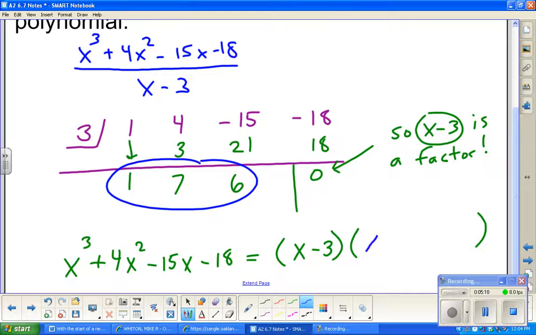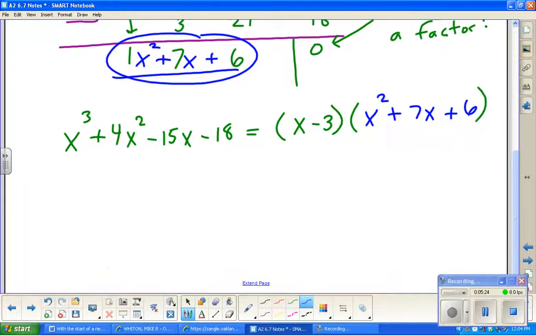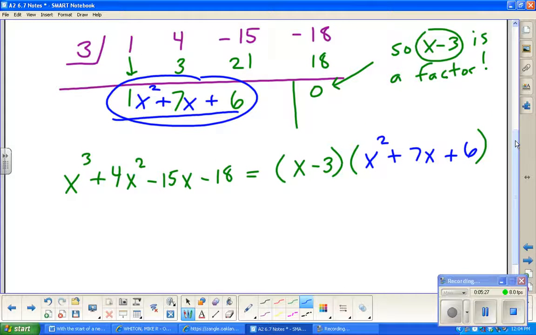Yeah, that's the other factor there, x squared. I'm taking the coefficients from here. Remember, I decreased the exponent by 1. It's x squared, then it's x. So we took the big polynomial, divided it by something, and got the other factor. So x minus 3 times this answer equals the big one we started with. That's just what a division problem is, right?